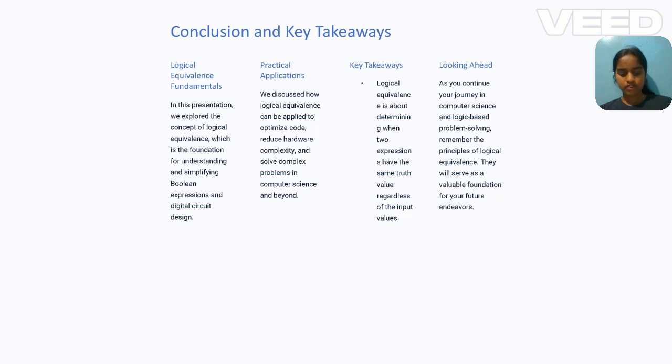Logical equivalence is about determining when two expressions have the same truth values regardless of the input values. Looking ahead, as you continue your journey in computer science and logic-based problem solving, remember the principles of logical equivalence. They will serve as a valuable foundation for your future endeavors.